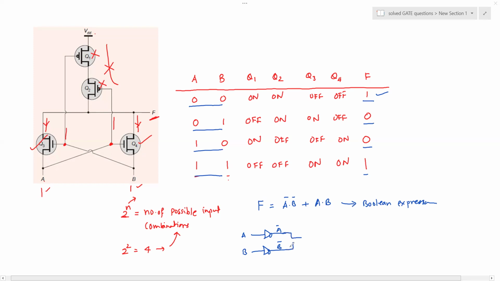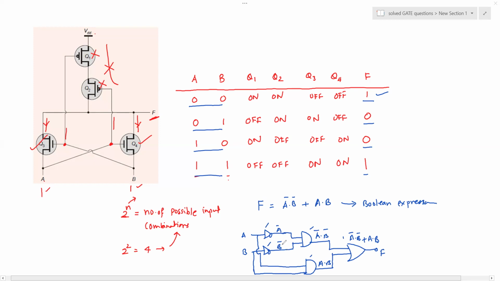So here you can connect an AND gate, and here comes A bar and B bar. Then I have this gate again here, which is giving me the output A and B. And finally, I am ORing them together to get the final expression of F, which is A bar B bar or A and B. So we have used 1, 2, 3, 4, 5 logic gates.